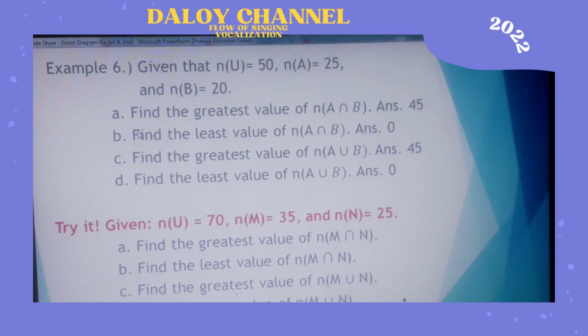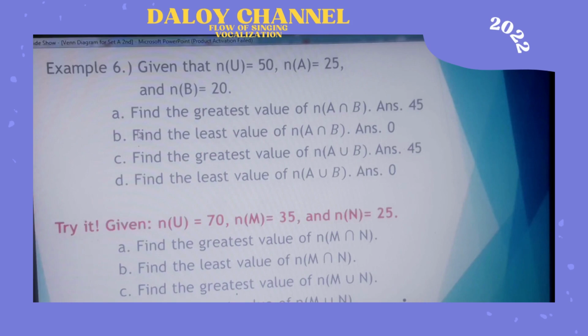So meaning, the greatest value we have in the intersection between two sets should be compared to the least value of the union between two sets.